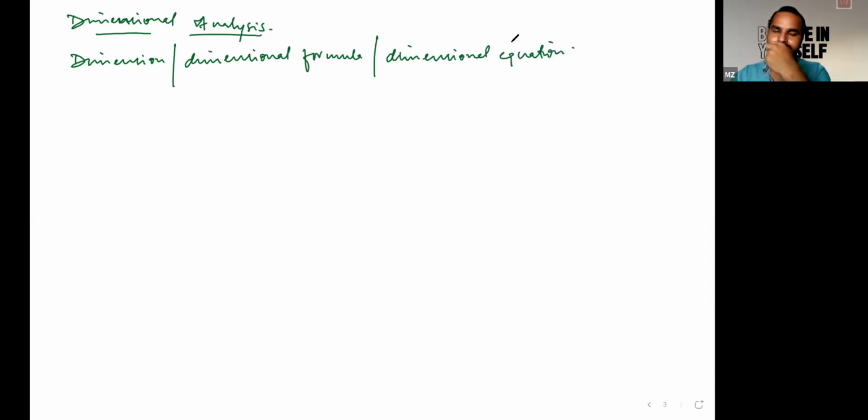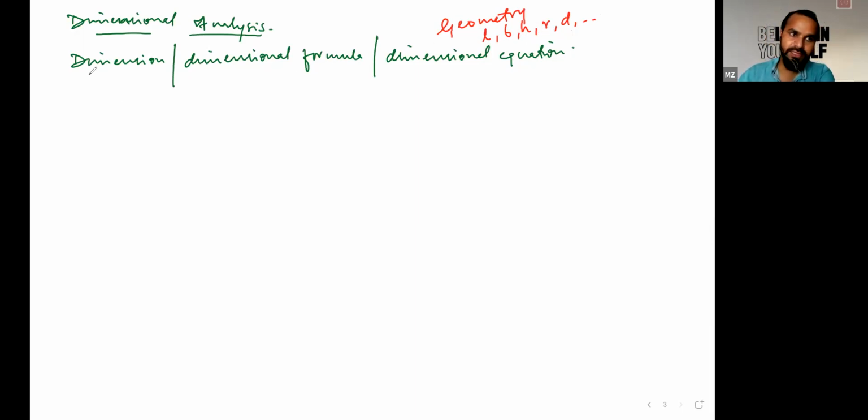You must have learned in class 10th in mathematics, geometry. For any geometrical figure, we define some terms, suppose length, breadth, height, depth, width, radius, diameter, and so on. On the basis of these terms, we would define the surface area, lateral surface area, outer perimeter, circumference, volume, and so on. So for that geometrical figure, these length, breadth, height, depth are called dimensions.